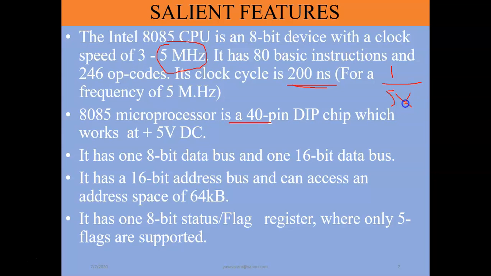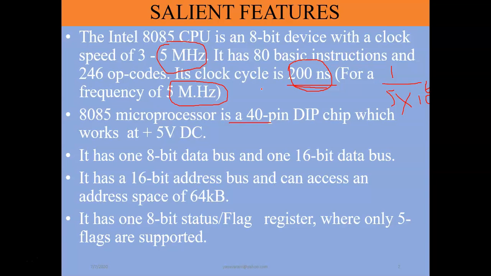So 1 by 5 is 0.2, 0.2 into 10 power minus 6, otherwise 200 into 10 to the power of minus 9, that is 200 nanoseconds. So a microprocessor with 5 megahertz operational frequency will have an execution time of 200 nanoseconds. It means it can execute a single instruction in 200 nanoseconds only. This is the important thing.